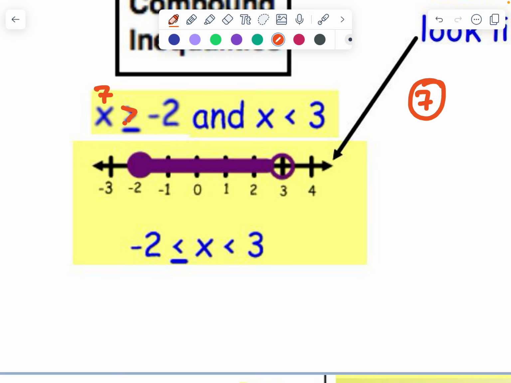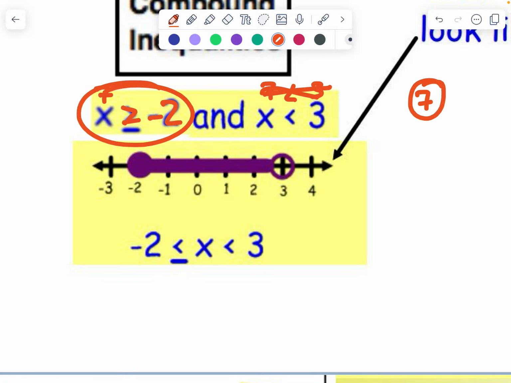Is 7 greater than negative 2? Absolutely. There's your cheeseburger. But is 7 less than 3? No, of course not. So you brought me the cheeseburger, but not the French fries, and now I'm mad, right? Or you brought me a cheeseburger and a milkshake, but I wanted French fries.